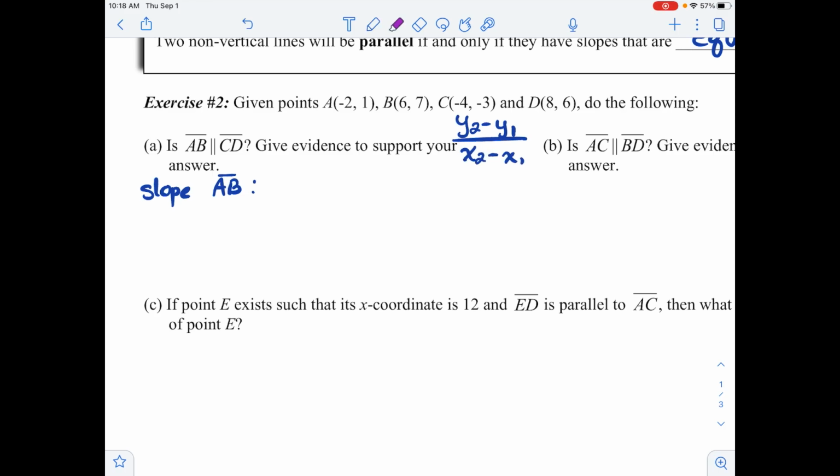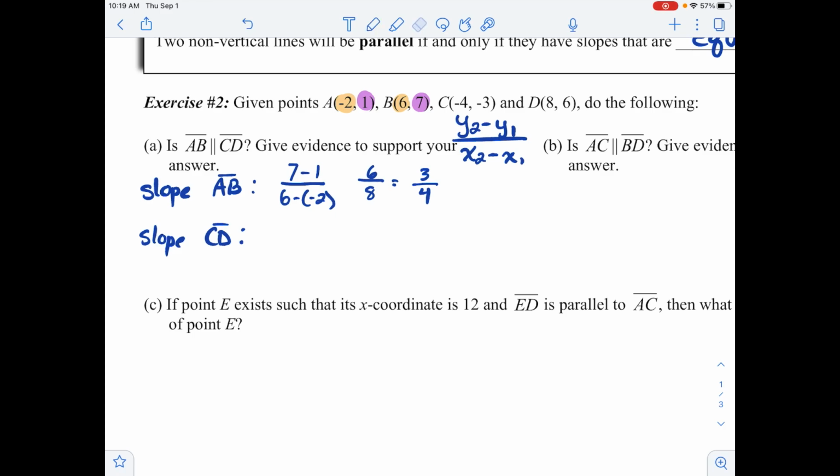All right, so here are my y's, and here are my x's. Okay, so I can do 7 minus 1 over 6 minus -2. And that's going to be 6/8, which equals 3/4.